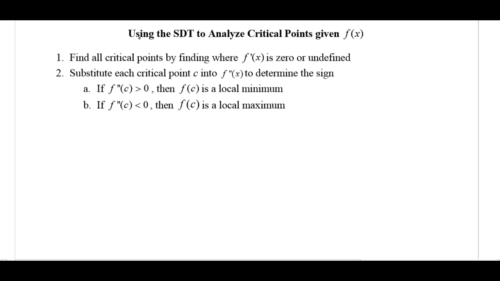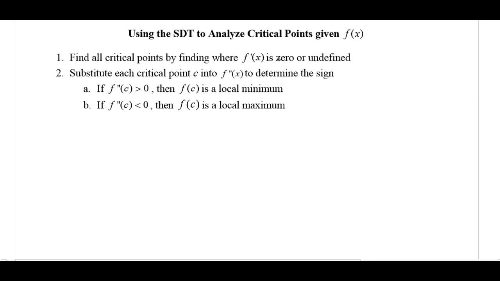Alright, so let's look at the process for using the second derivative test to analyze critical points given f(x). So the first thing we need to do is find the critical points. Now remember, critical points are ones where the first derivative, f prime of x, is 0 or undefined. And here's where students get all mixed up because they think, well, second derivative, and they think inflection points. But remember, it's the second derivative test for critical points.